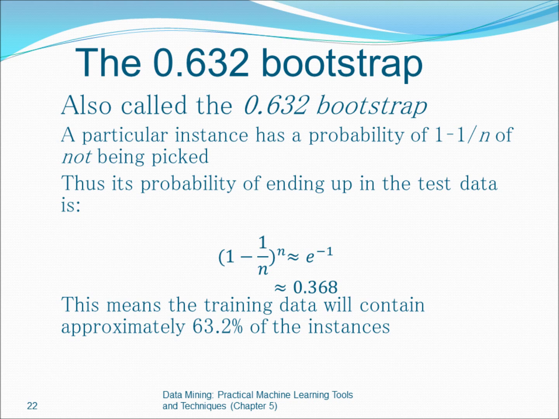That's 1 over e, that's 37%. 37% of the time, you're not going to be picked if n is big enough and you repeat. Let's say I have 1,000 samples, you pick, and you're going to have a lot of repeating. But most likely you're going to have 37% never picked.